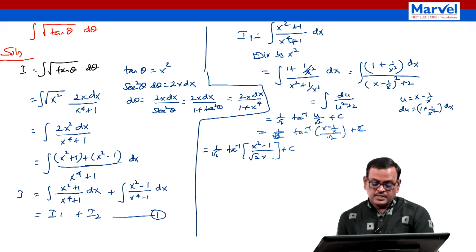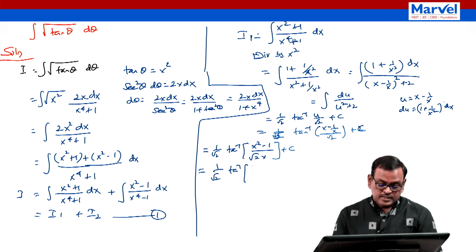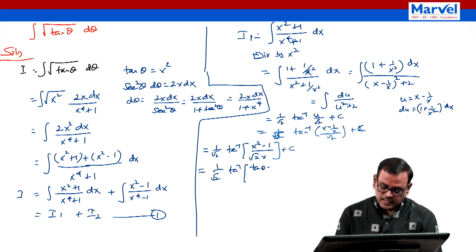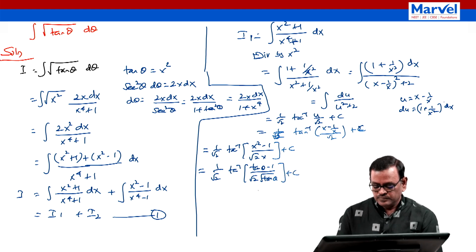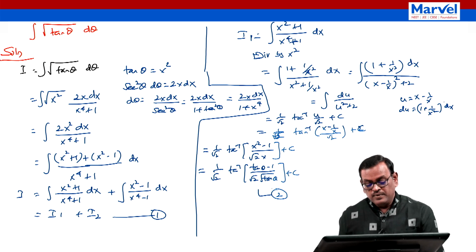Replacing x square as tan theta, it is 1 by root 2 tan inverse of tan theta minus 1 by root 2 root tan theta plus c. That's all. This is the value of I1. For I1, divide by x square and apply the same working rule.